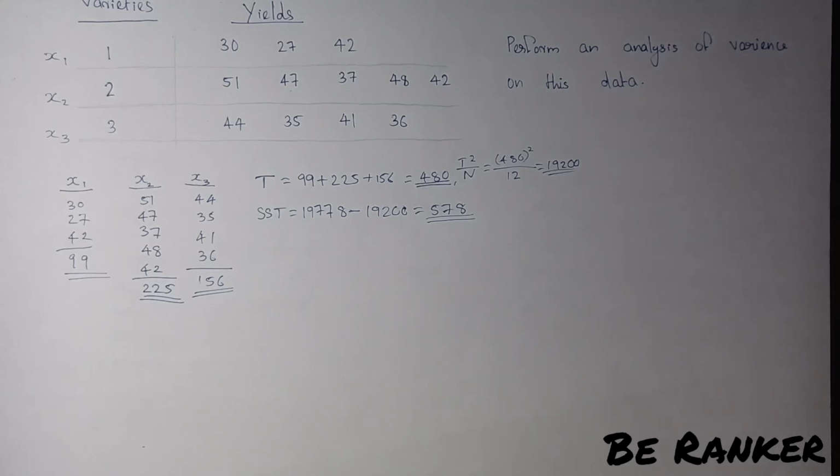Next, we want to find SSC. SSC is sigma x1 square by n1 plus sigma x2 square by n2 plus sigma x3 square by n3.